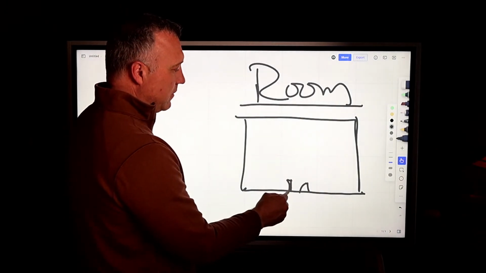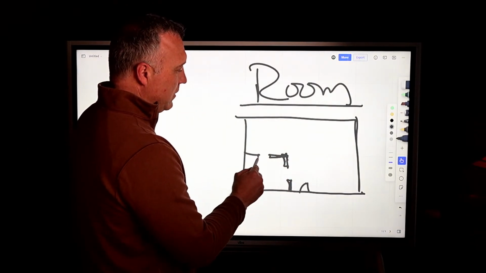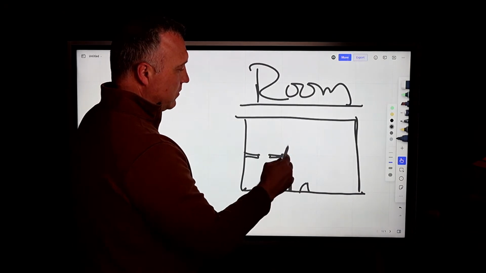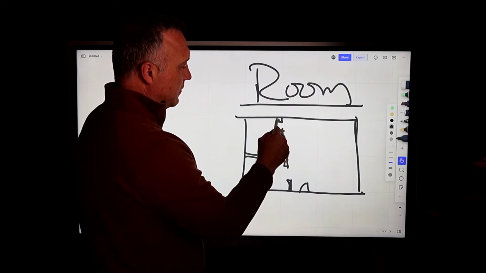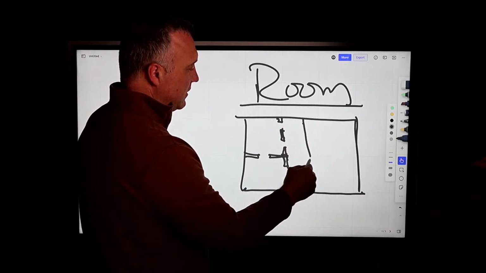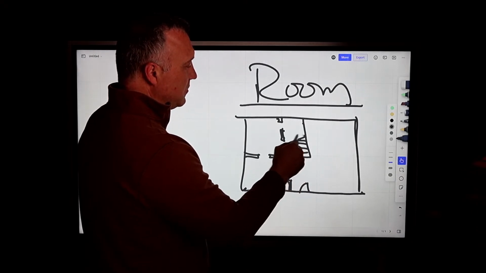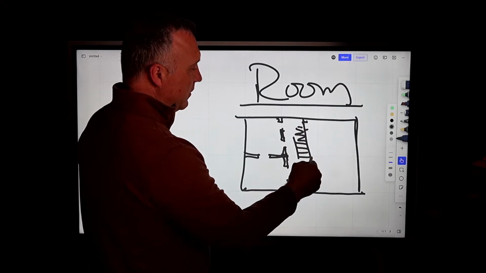And so you'll come in, you'll have some sort of cased opening that goes into a room. And then you'll have some sort of other cased opening that goes into another room. And then typically in a lot of these old colonials, you'll have a central stair hall. That would be an opening.